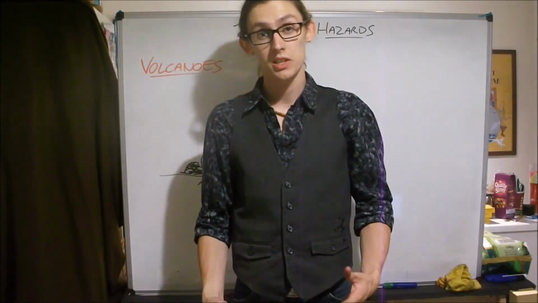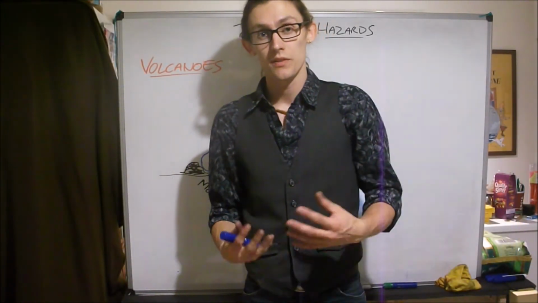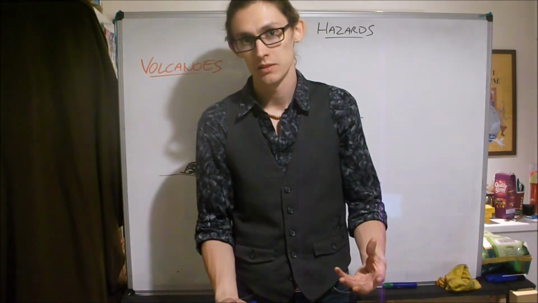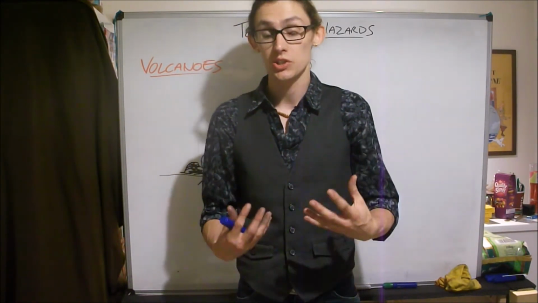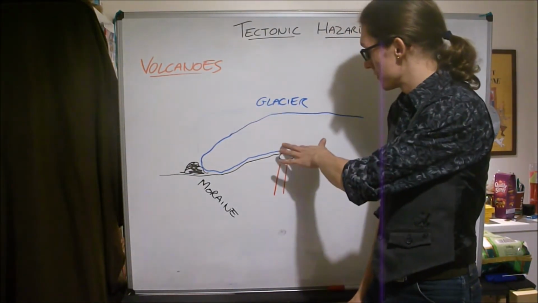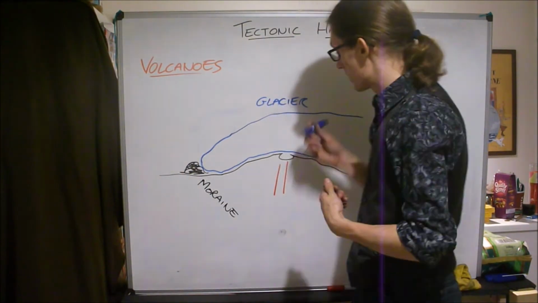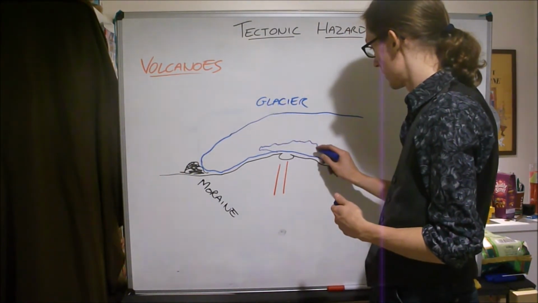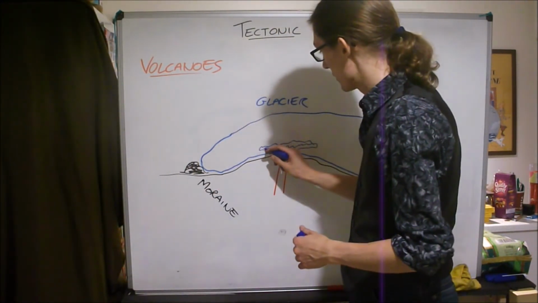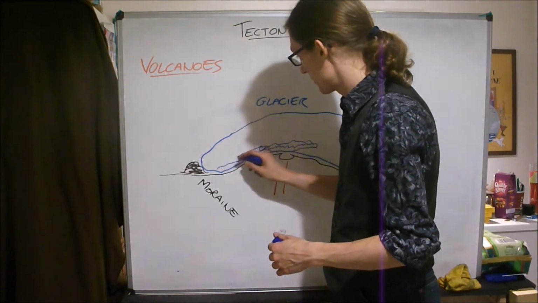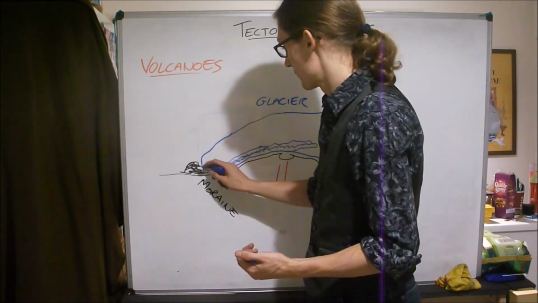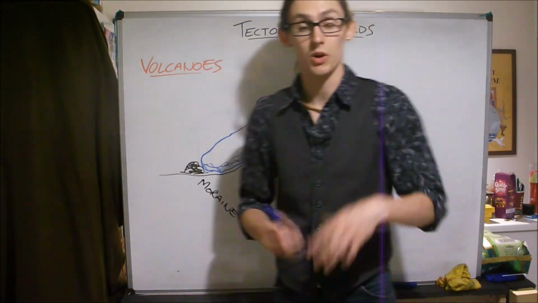Now, while we're thinking about Iceland and glaciers there, if you think about what would happen if a volcano erupted underneath a glacier, this is potentially a big problem, because of course if magma rises up, it'll melt a pool of water underneath the glacier, and that pool of water is going to get larger and larger until eventually it bursts out the bottom of the ice.